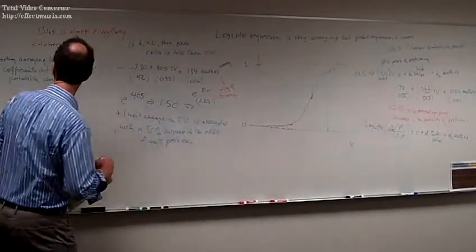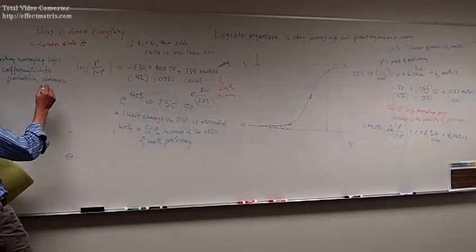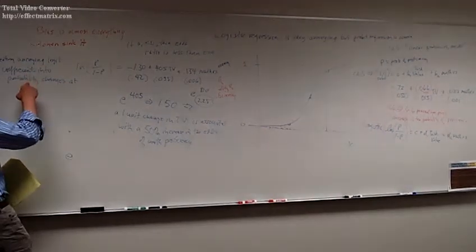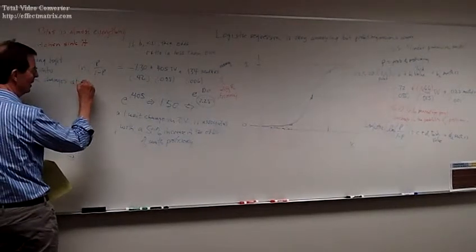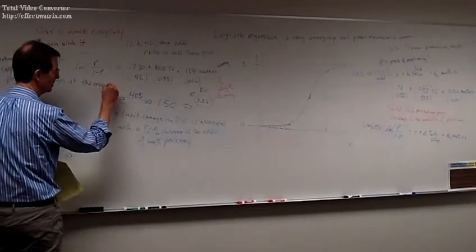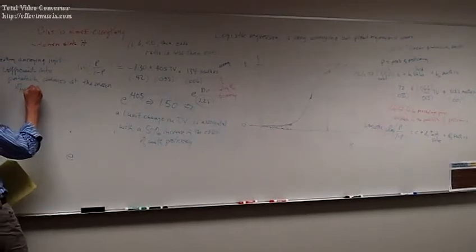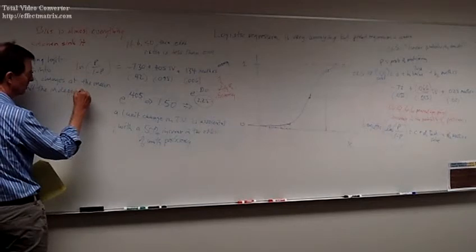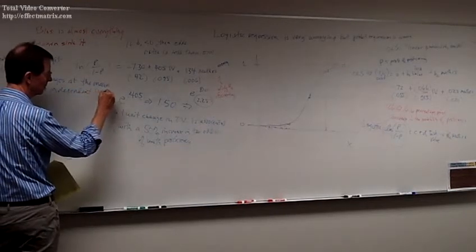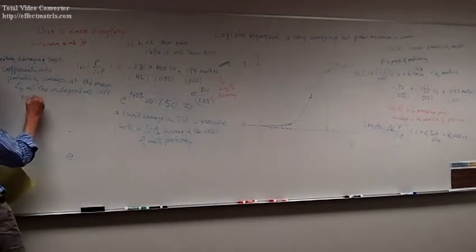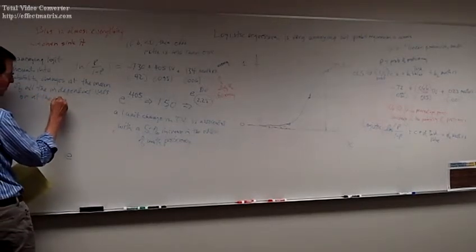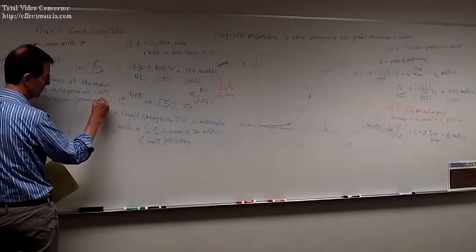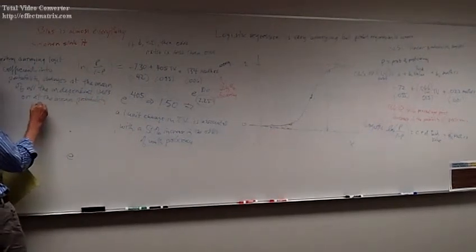So what people usually do is convert logit coefficients into probability changes at the mean of all the independent variables, or at the mean probability in the sample.